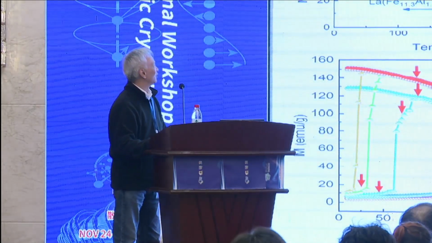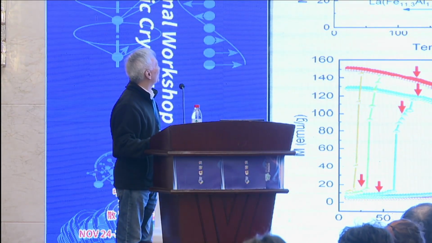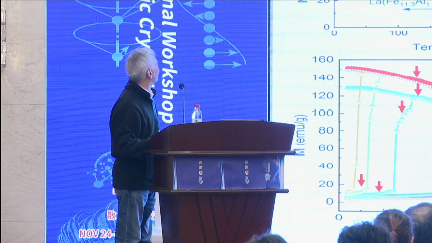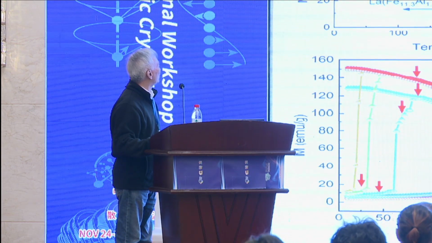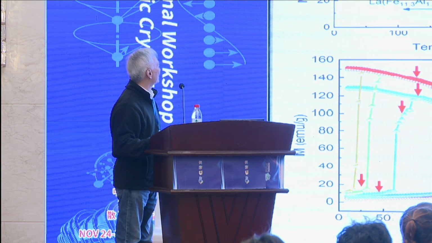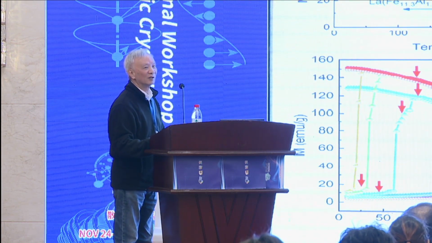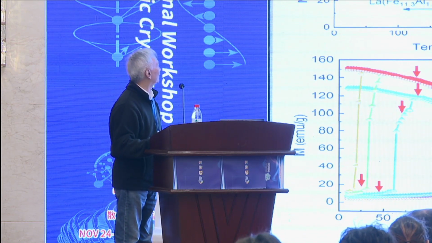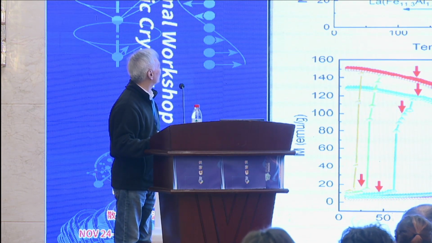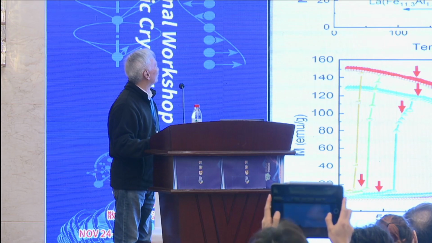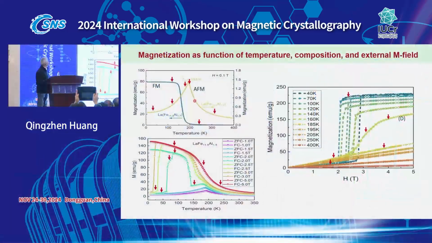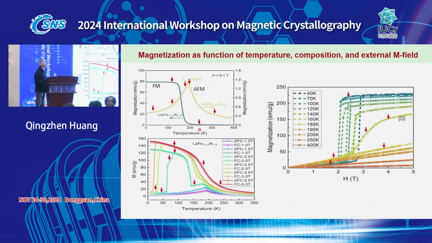From this curve, you will be very familiar. That's the magnetization versus temperature. We call it the MT curve, right? In this curve, a lot of people might know that this is the antiferromagnetic behavior, and this is a ferromagnetic behavior.